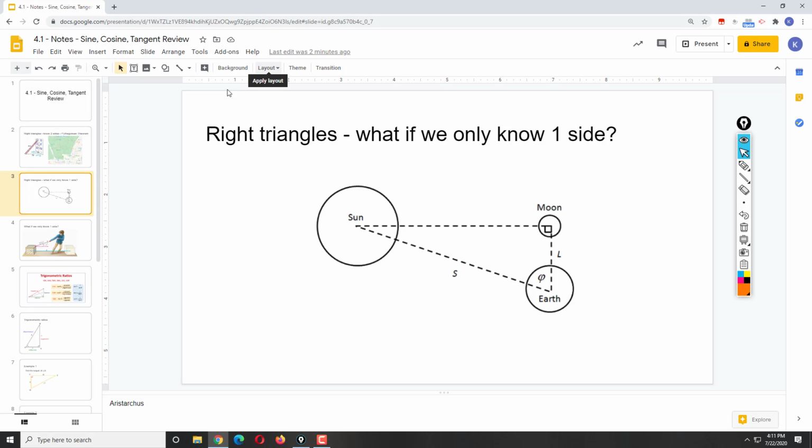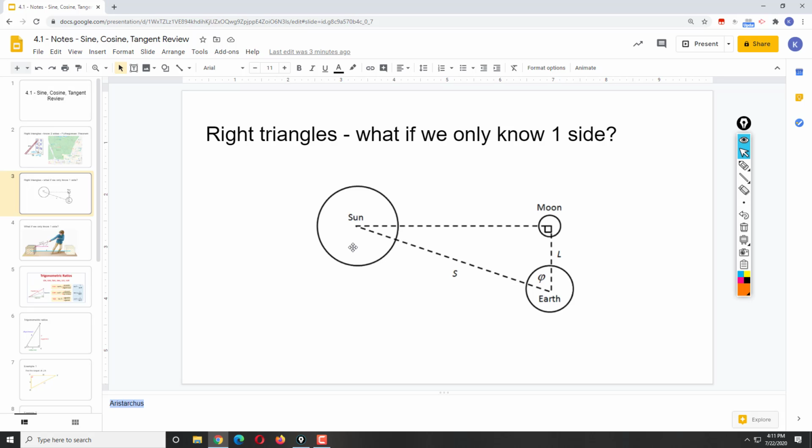For example, about 2,500 years ago, Aristarchus tried to figure out the distance from the Earth to the Sun. What he figured out is that when we're at a half moon, it's roughly a right angle between us, the Earth, the Moon, and the Sun.